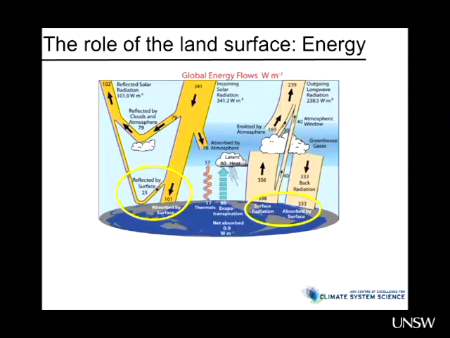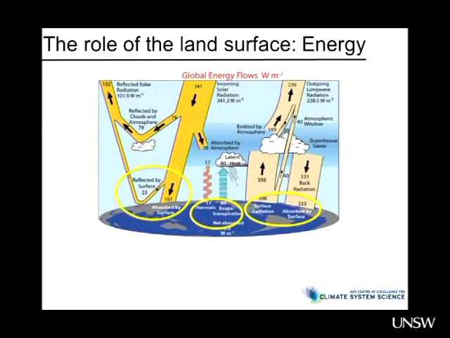We're also interested in the net infrared flux. That's the net of the incoming infrared radiation relative to the outgoing infrared radiation. And the reason we're interested in these is they sum up to give us the amount of energy available to drive the 2 key fluxes I'm going to talk quite a lot about, which is the latent heat flux and the sensible heat flux.